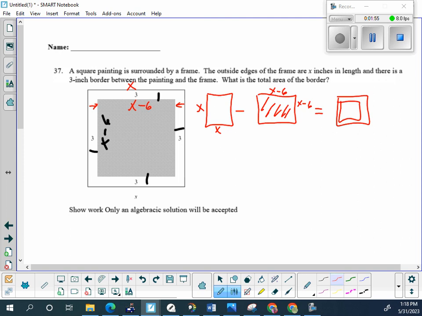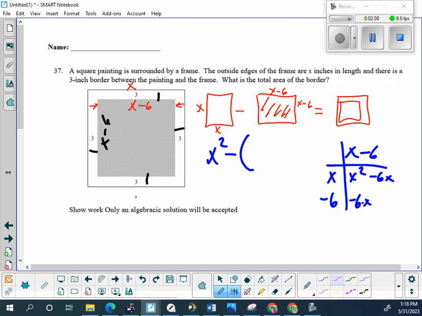Okay, so basically I do x times x is x squared. Minus, I have to square out x minus 6. You can do it by FOIL. You're going to get x squared minus 6x minus 6x plus 36. When I combine those two there, I get x squared minus 12x plus 36.